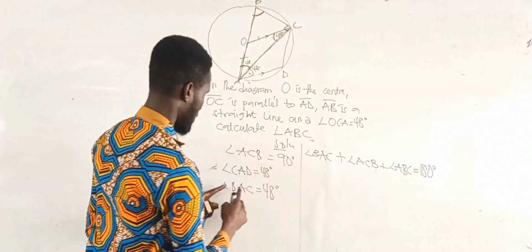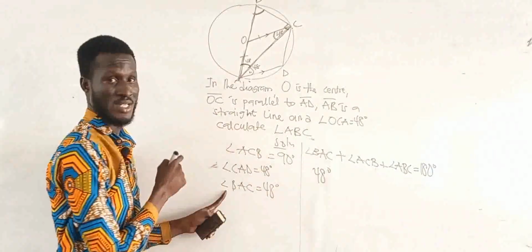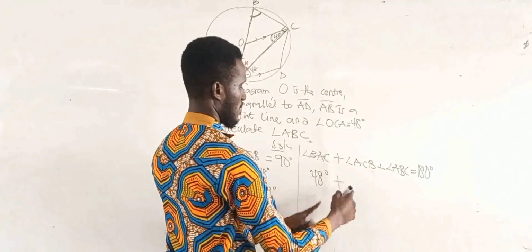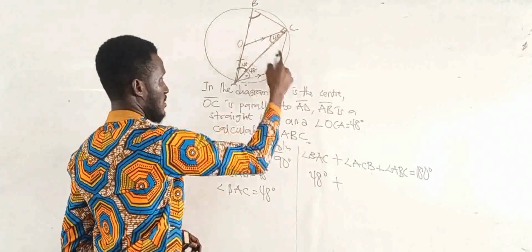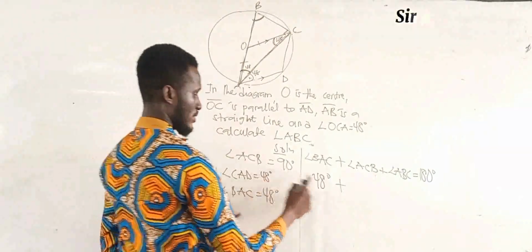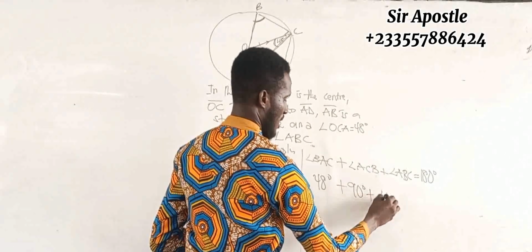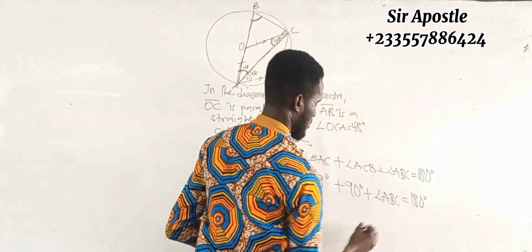Now BAC is 48 due to our isosceles triangle, plus ACB, which is 90 degrees, plus angle ABC, supposed to give us 180 degrees.